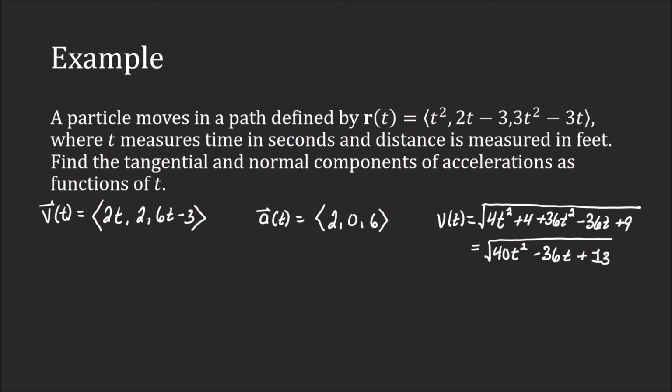So tangential component, remember, is v dotted with a all over the speed. So we get 4t plus 0 plus 36t minus 18 all over this square root.